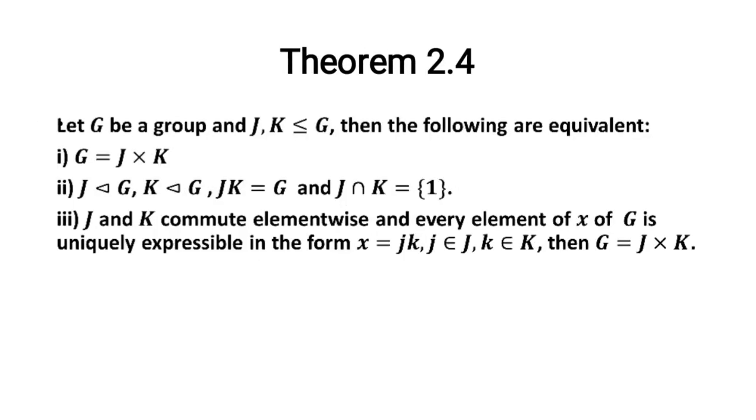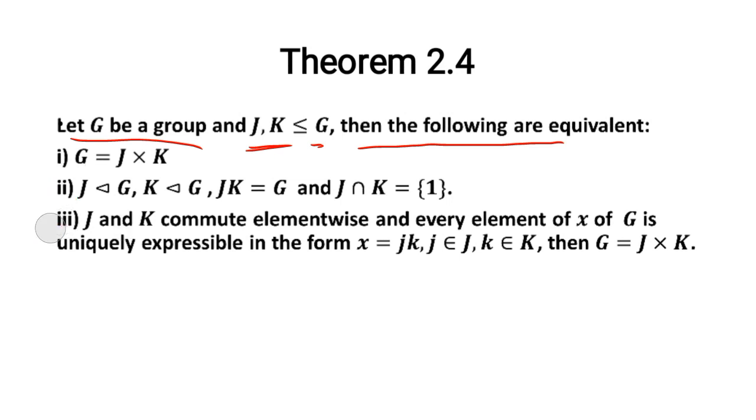So we have a theorem before us, and the theorem is also in your lecture notes on chapter 2. It says that let G be a group, and we have subgroups J, K in G. Then the following are equivalent. That is, 1 is equivalent to 2, 2 is equivalent to 3, and 3 is equivalent to 1.